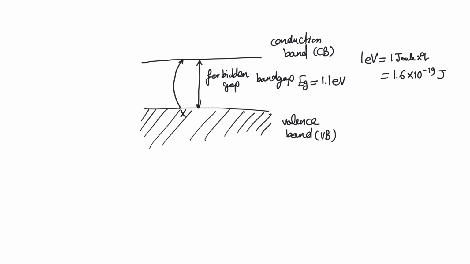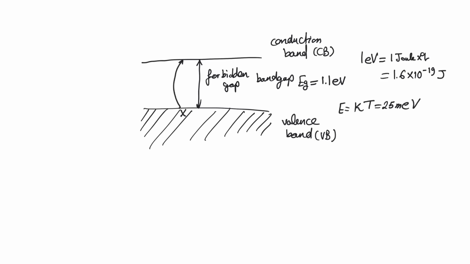So where's it going to get it? So far we haven't talked about anything other than thermal energy. So thermal energy is generally kT. So this is the amount of thermal energy in the system. At room temperature, for T equals 300 Kelvin, thermal energy is going to be roughly 25 milli-electron volt.